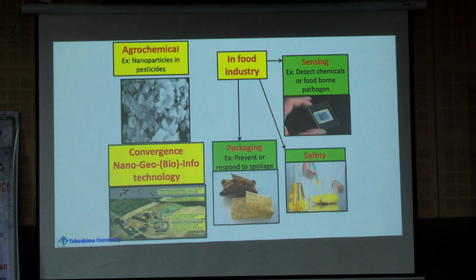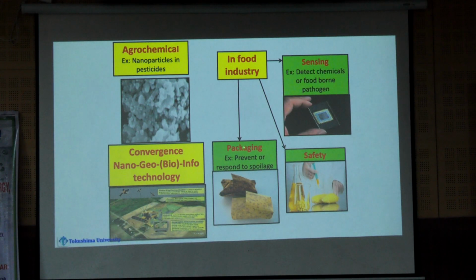Agri-chemical: some countries don't use pesticide, but in the countries that do use pesticide, you will find a certain kind of nanomaterial is used to increase the crop productivity or protect them from maybe insects.